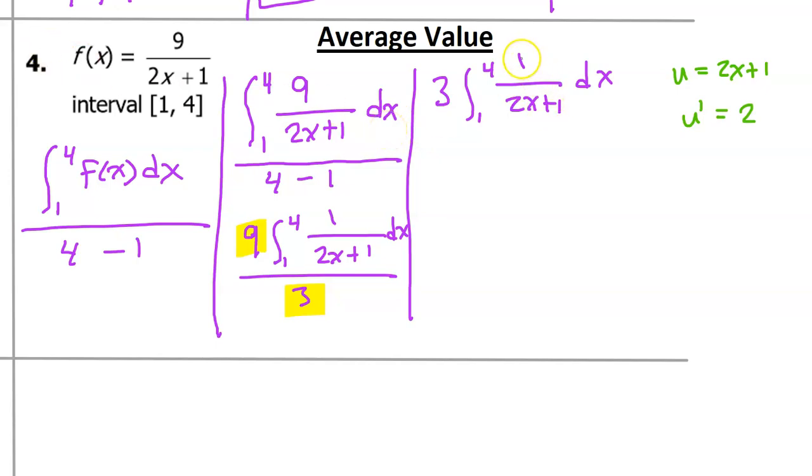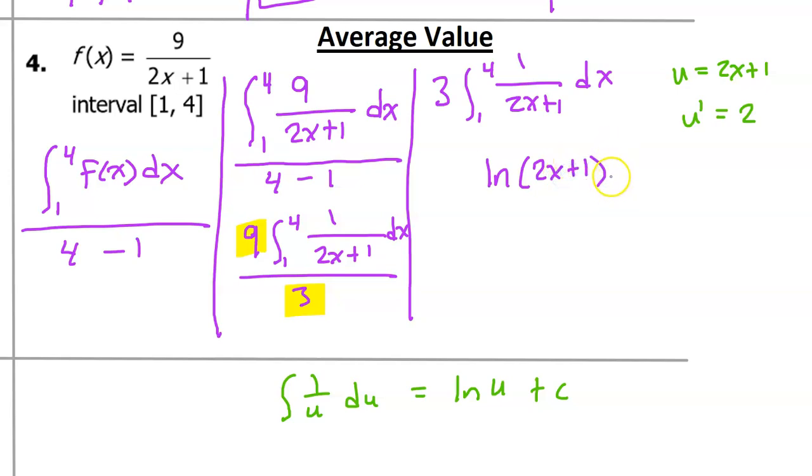Anyway, think of this as 1 over u. We memorized a long time ago that the integral of 1 over u du is equal to the natural log of u, plus c. So the integral of 1 over u is going to be the natural log of u.